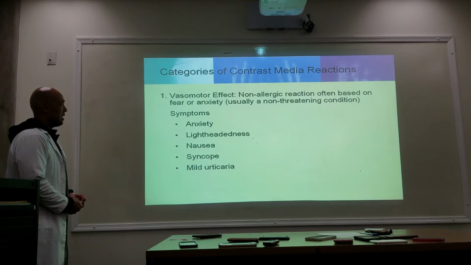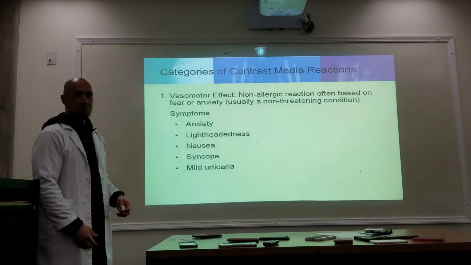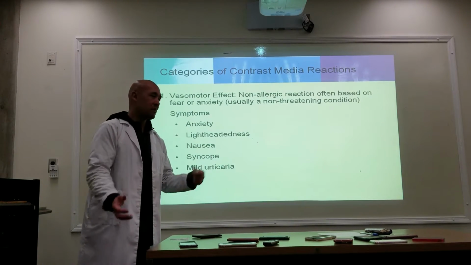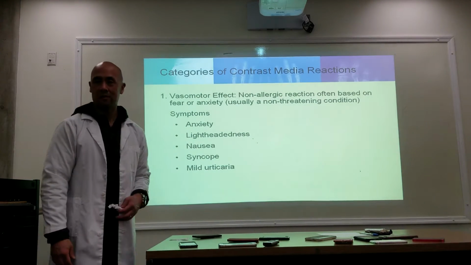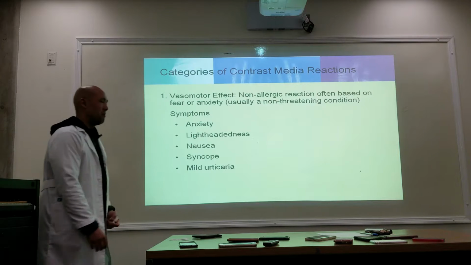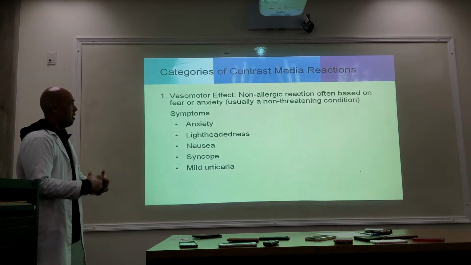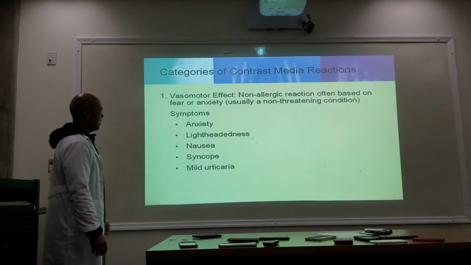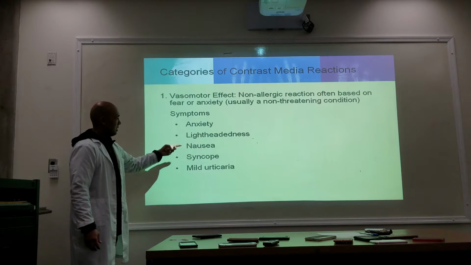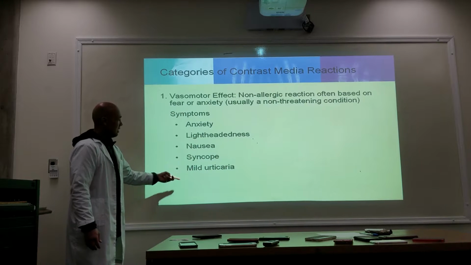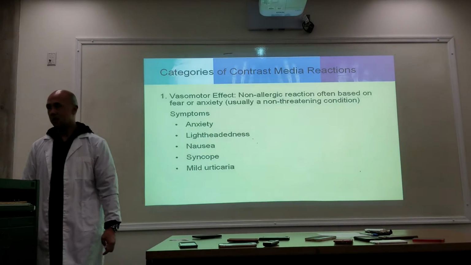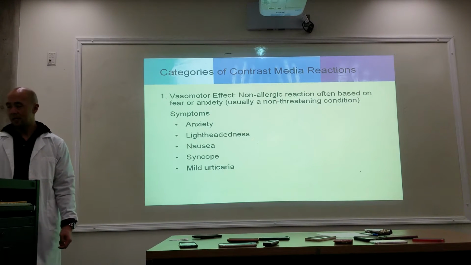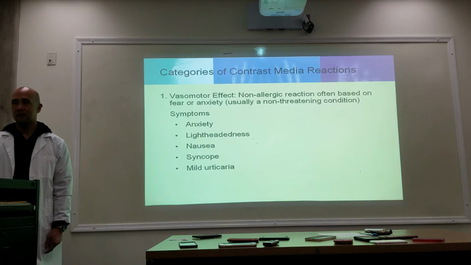Okay, non-allergic reaction, this is just anxiety, about the tests, about the results, about what's going to happen. All those cause a vasomotor effect, which causes lightheadedness, nausea, feeling faint, and also possible mild urticaria. And what's urticaria again? Mild hives. So that's non-threatening.